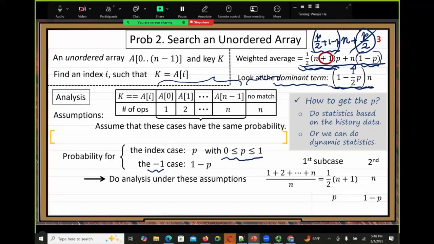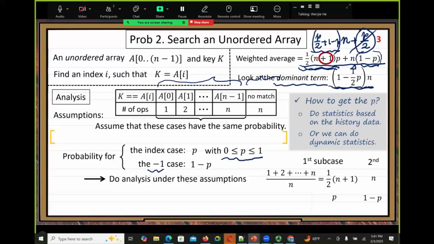Can we say the first term dominates the second term? Sometimes our formula may have several terms. If we just take the leading term, we can say the leading term dominates all the other terms. That's the reason we have this concept, the dominant term. And when we take an approximation, we only take that leading term.